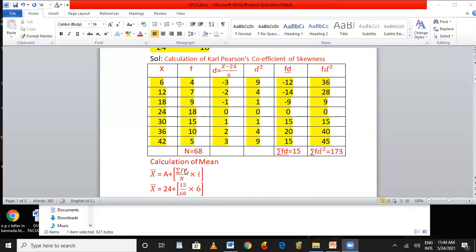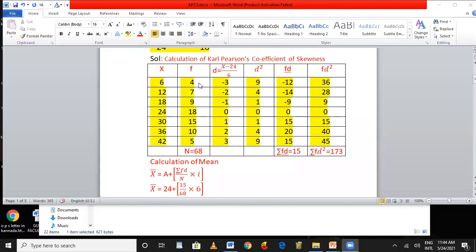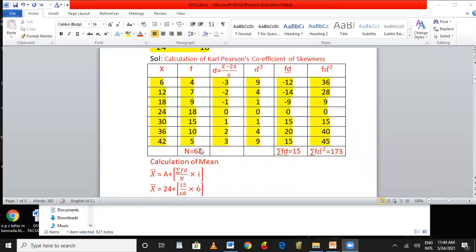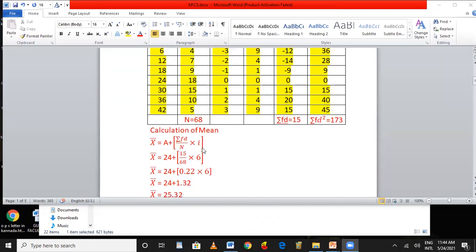Now we can apply the formula for the arithmetic mean. X bar is equal to A. A is the assumed mean, 24. Then sigma FD is 15. And total of the N: 4, 7, 9, 18, 15, 10, 5 comes to 68. N is equal to 68. Here we have taken the common factor as 6, so you have to multiply by 6.